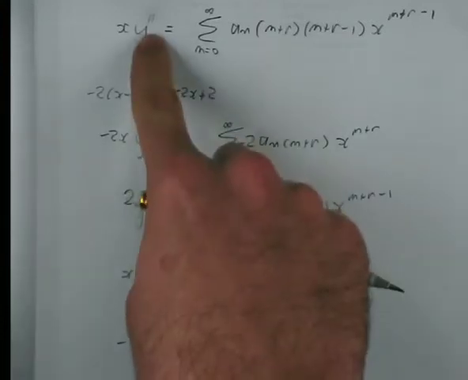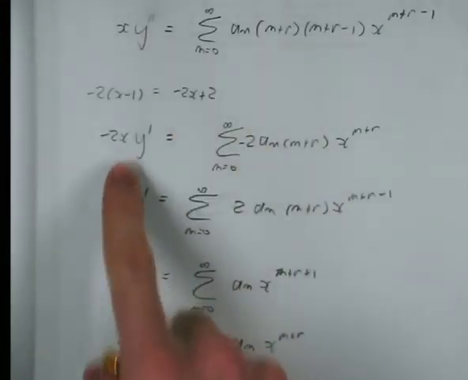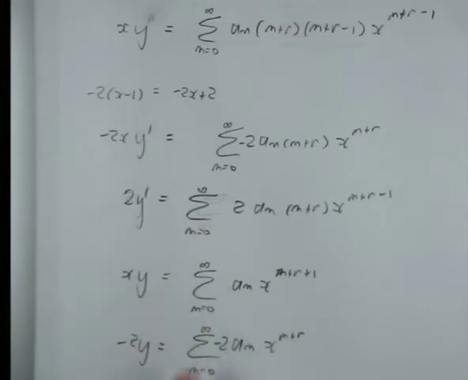It's supposed to have x y double dashed, minus 2x y dashed, 2y dashed, xy, and minus 2y. But I can't add them all together because in my sums, the powers don't match. So I need to make the powers match so that I can add these sums together properly. Okay, so why is there a plus 1 there?